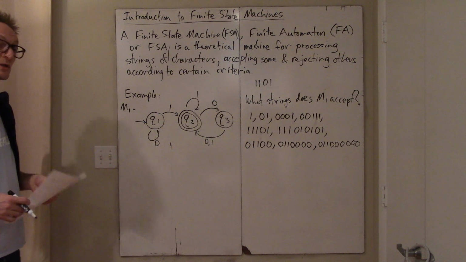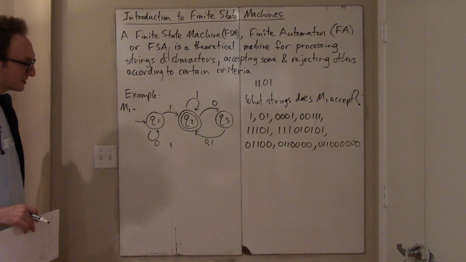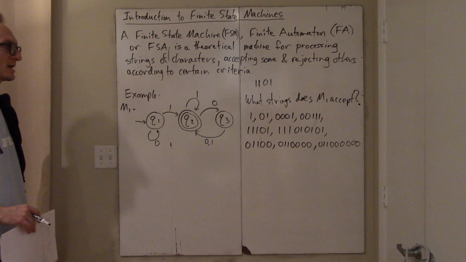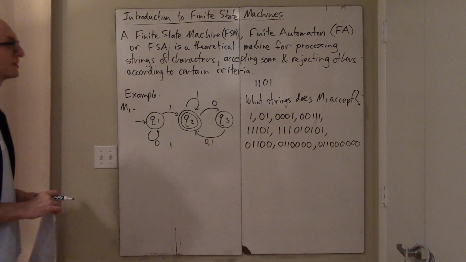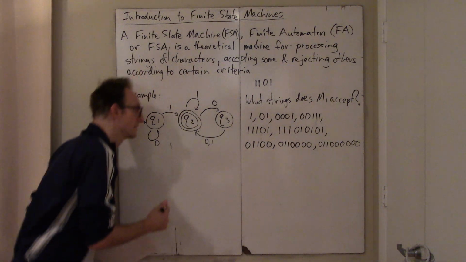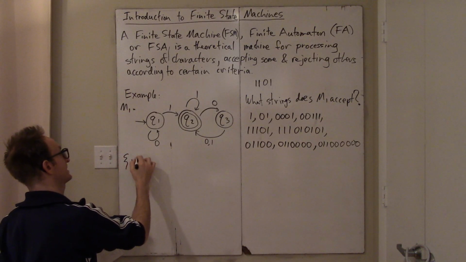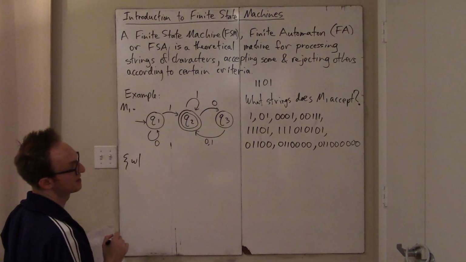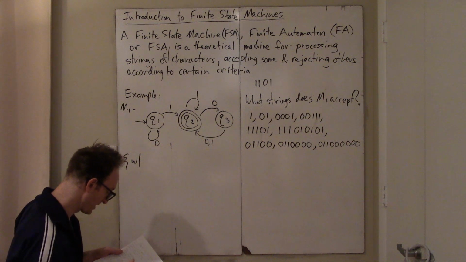And I think in general it can be quite hard, especially if there are more states, to figure out what a machine does. And we're going to pursue a more systematic approach to this. But for now, I think the best way to articulate this is that the set of strings that this machine accepts is all the strings which, well, there are two things I want to say about them.